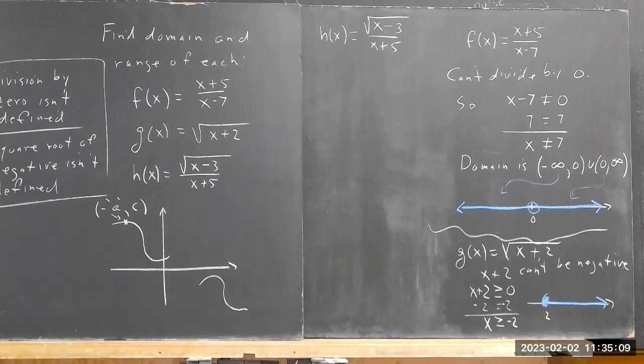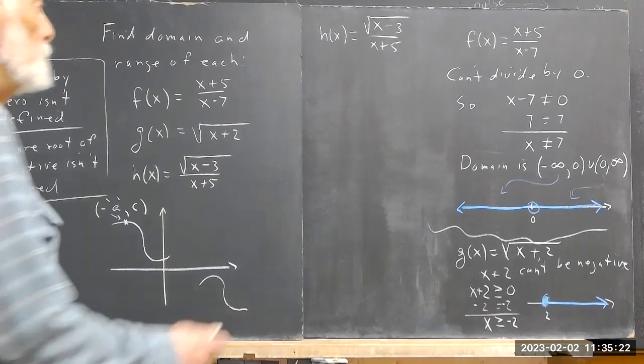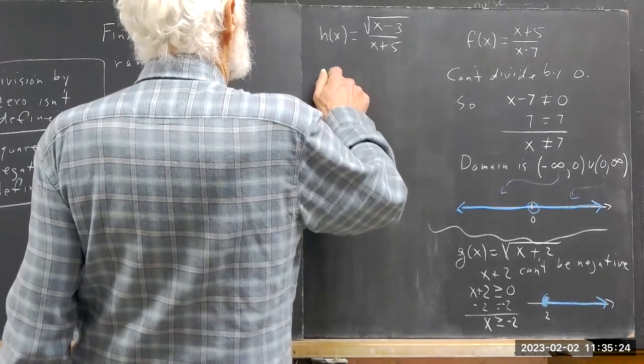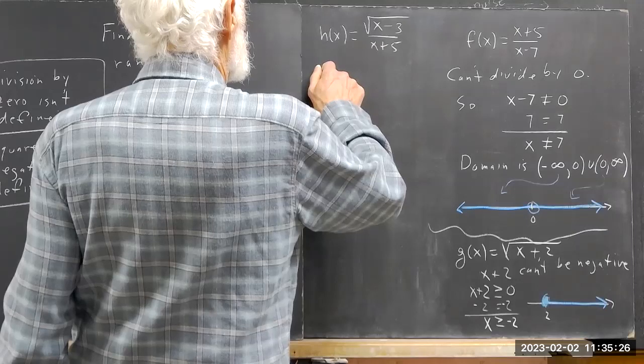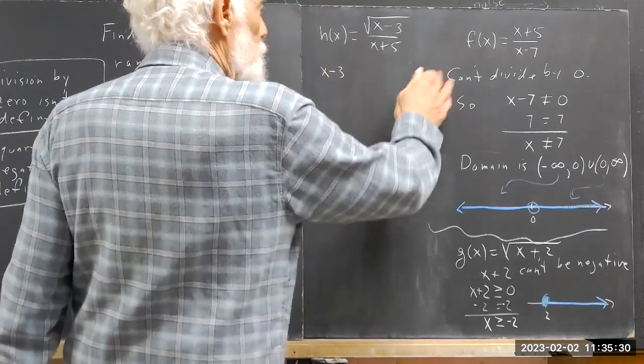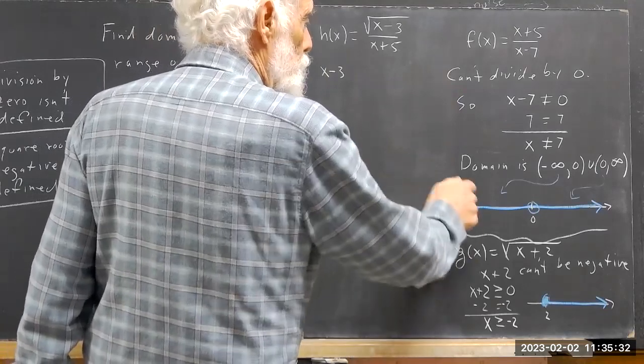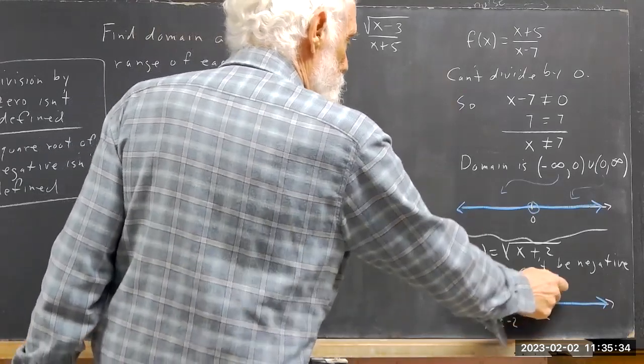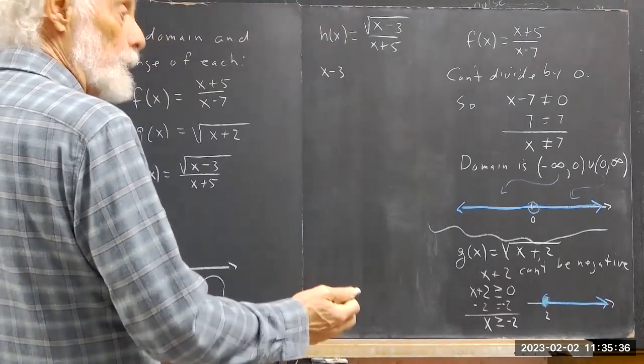And remind yourself that when you look at an expression, you got to look for division by 0, and you got to look for negatives under the square root. Okay, comes down to that. I've written it out here: the x minus 3 can't be negative, right?